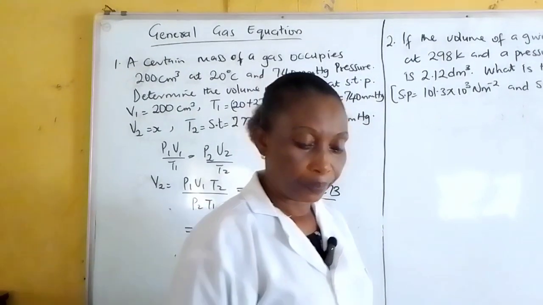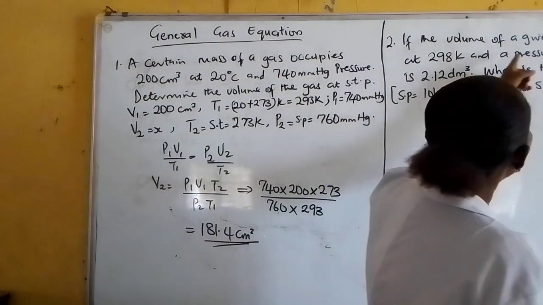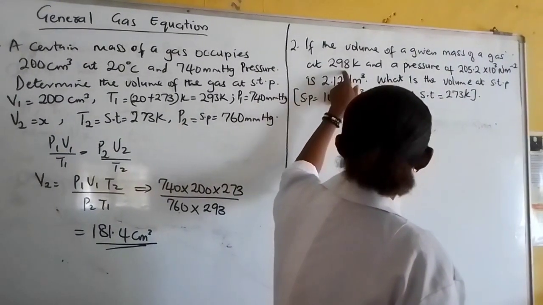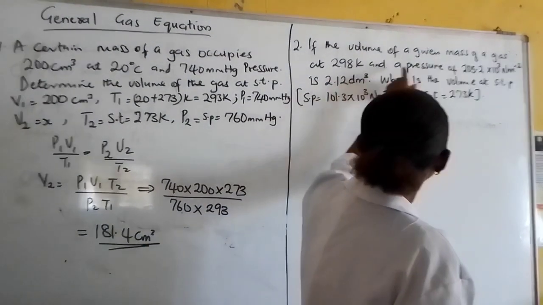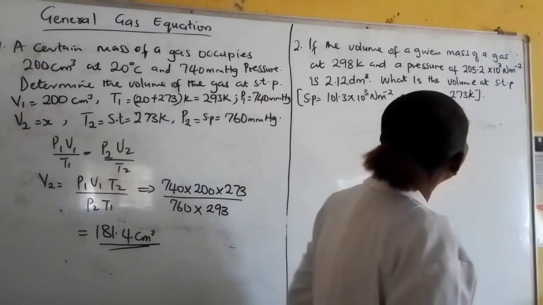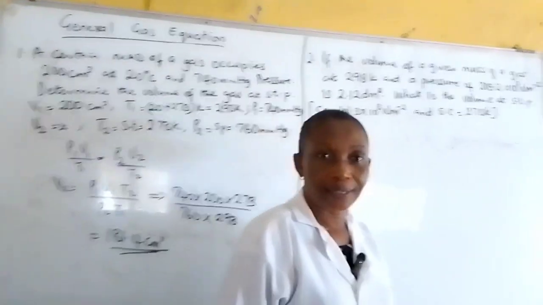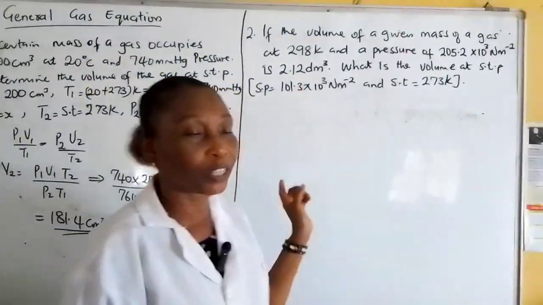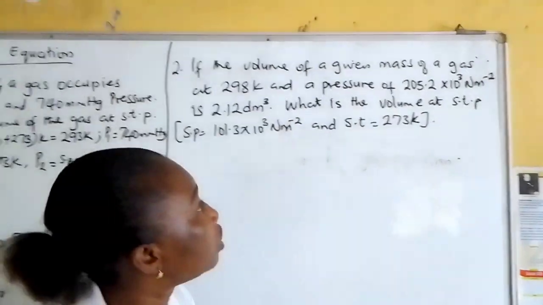The second problem says, if the volume of a given mass of a gas at 298 Kelvin and a pressure of 205.2 times 10 raised to power 3 Newton per meter squared is 2.12 dm cube, what is the volume at standard temperature and pressure? Take note that the pressure here is different from the pressure we used there. The pressure here is measured in Newton per meter squared.